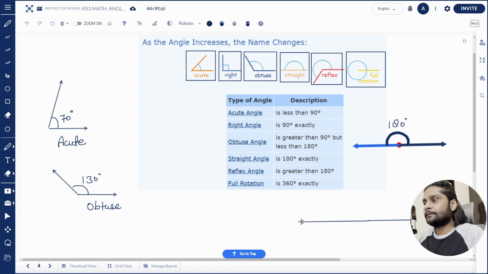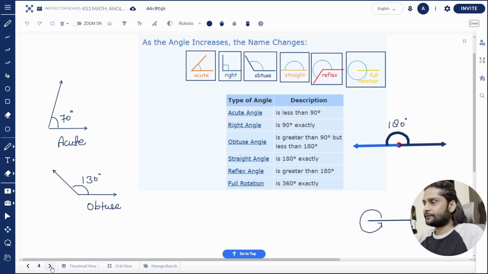As soon as it becomes 180 degrees, meaning a straight line, we call that a straight angle. Similarly, as we further turn it, it becomes a reflex angle. And once we complete one revolution, it's called a full rotation or a 360 degree angle. So this is how we can classify angles based on their measurements.